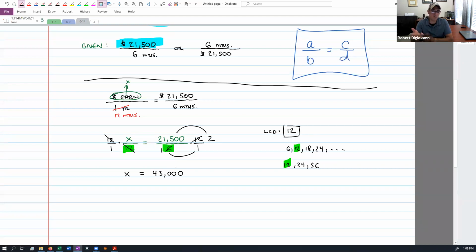Now, solving a linear equation, we're supposed to clear the fractions, clear the parentheses, and then isolate x. But see, x is already isolated. So this is our answer, which again, you probably could have told me a long time ago, but it's more about the process than anything else.